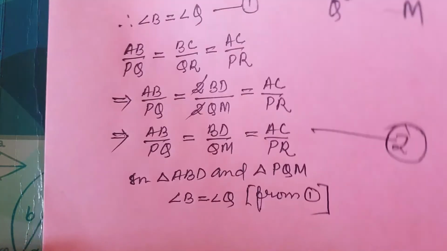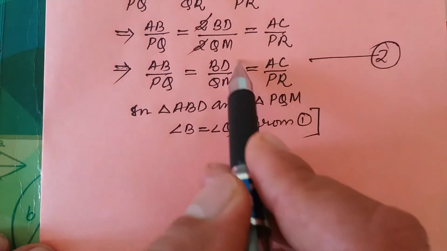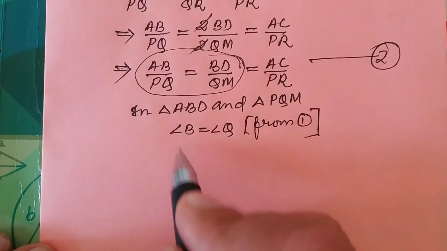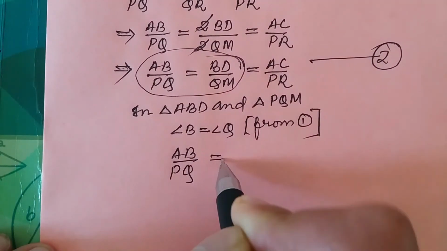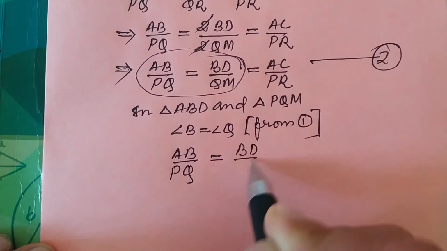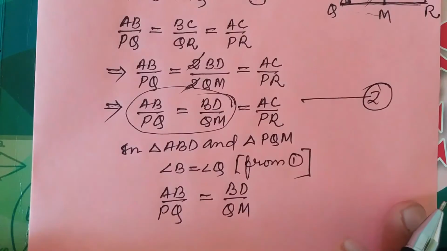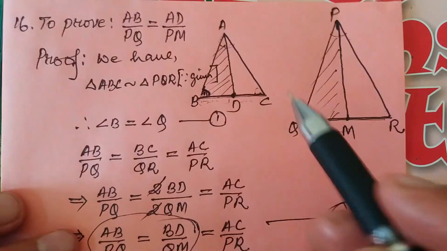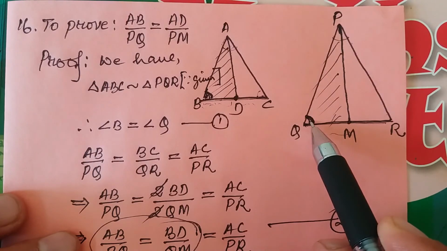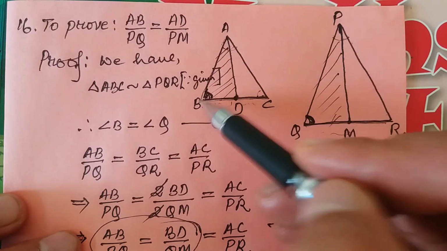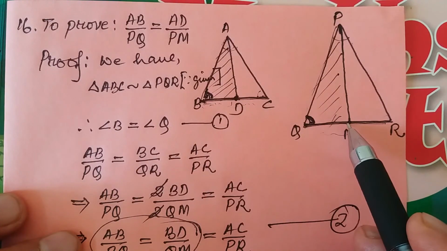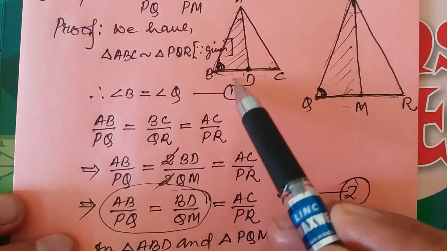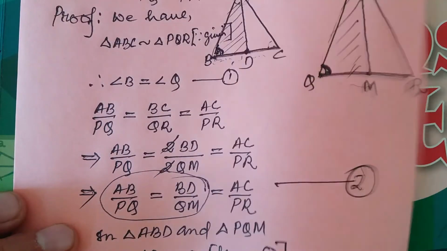And also here AB by PQ is equal to BD by QM. So now let's look at the two triangles. Now this angle and this angle are equal, and the ratio of this side and this side are equal. Also the ratio of this side and this are equal. So therefore by SAS similarity, these two triangles are similar.